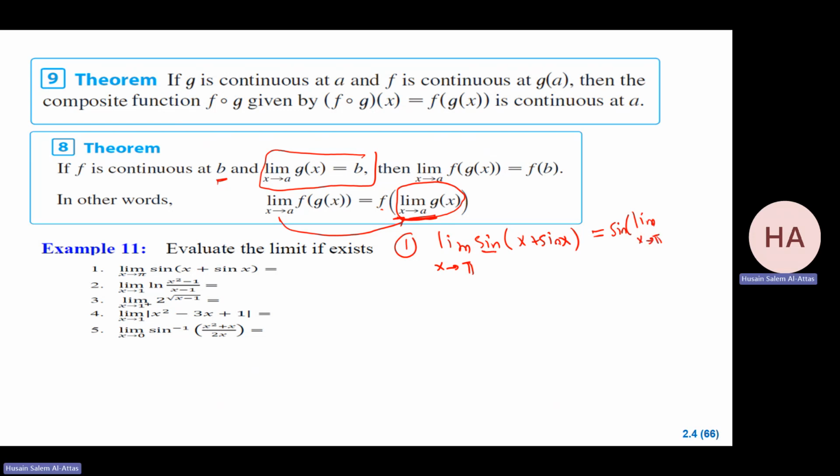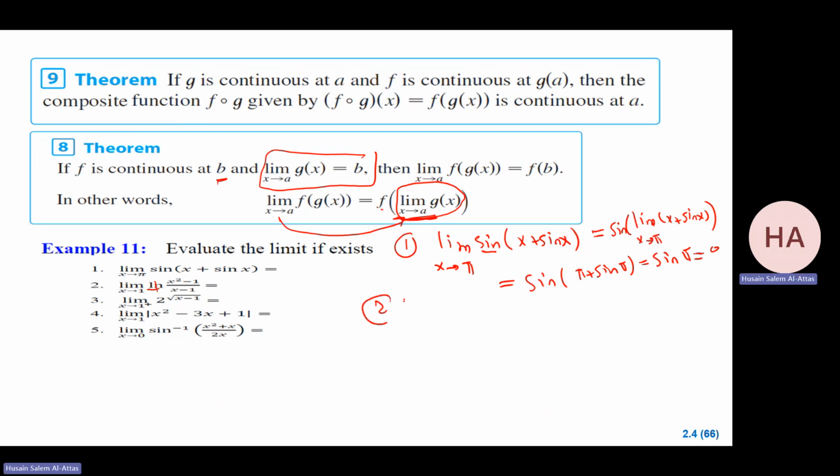Sine is continuous everywhere, so that will be what? Pi plus sine pi. Sine pi is 0. So the answer is 0. I have no problem with sine. Then I just need to be sure that the limit is positive, and it is.